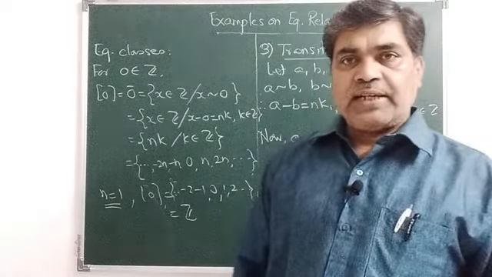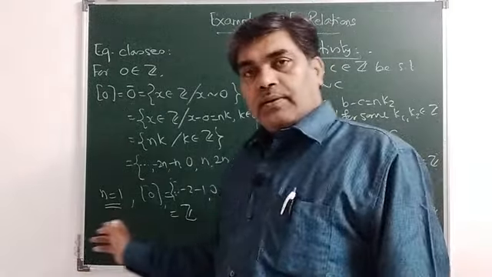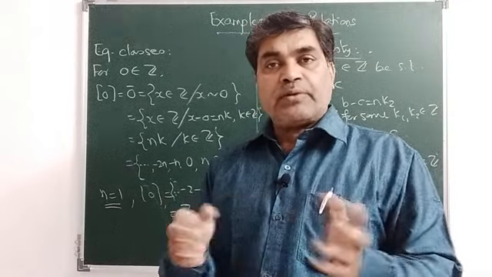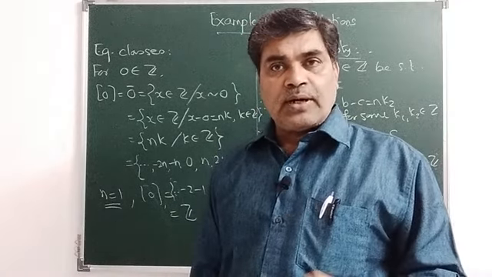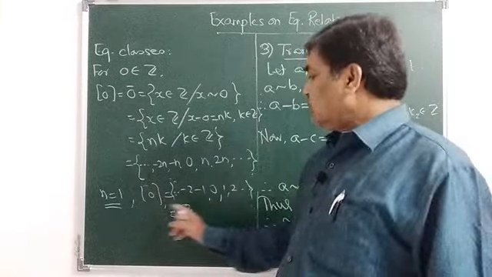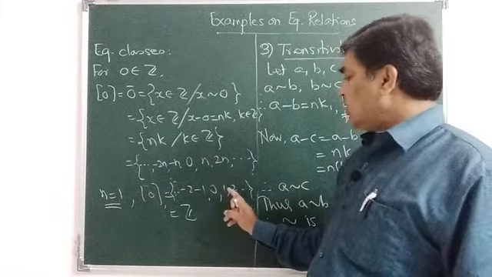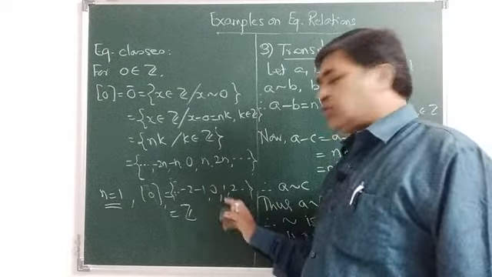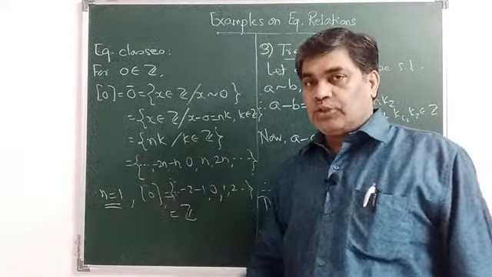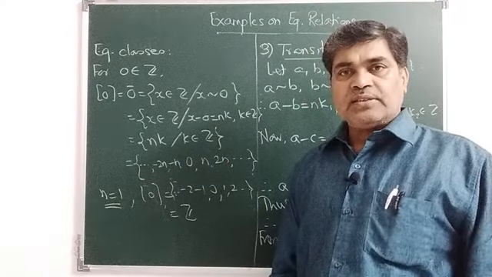We also know that X belongs to the equivalence class of Y if and only if the equivalence class of Y is equal to the equivalence class of X. Means as for n equal to 1, the equivalence class contains all integers, so the equivalence class of each integer is the equivalence class of 0.